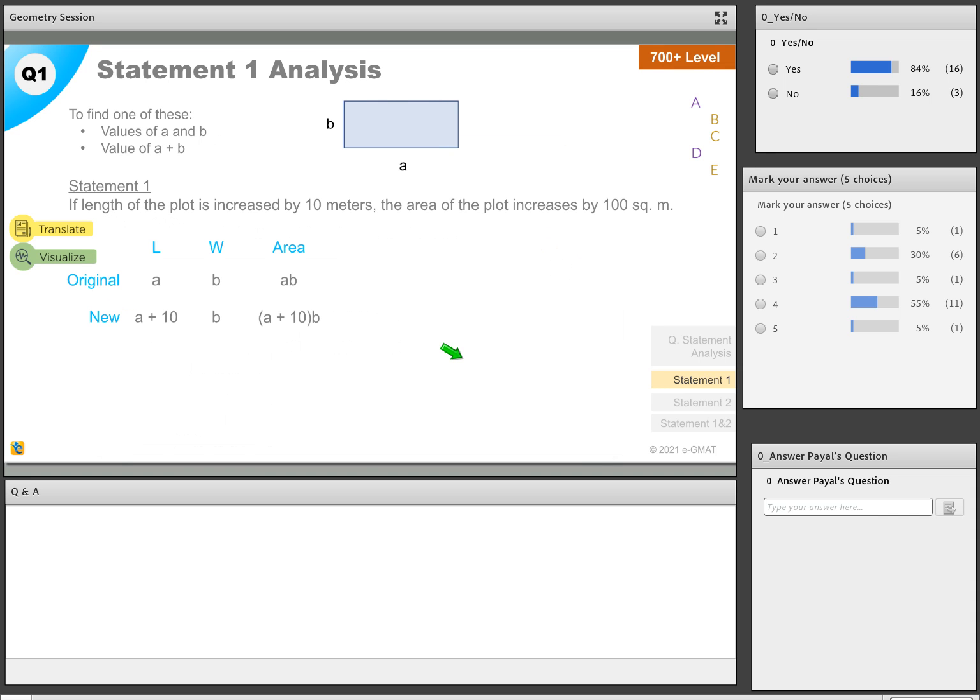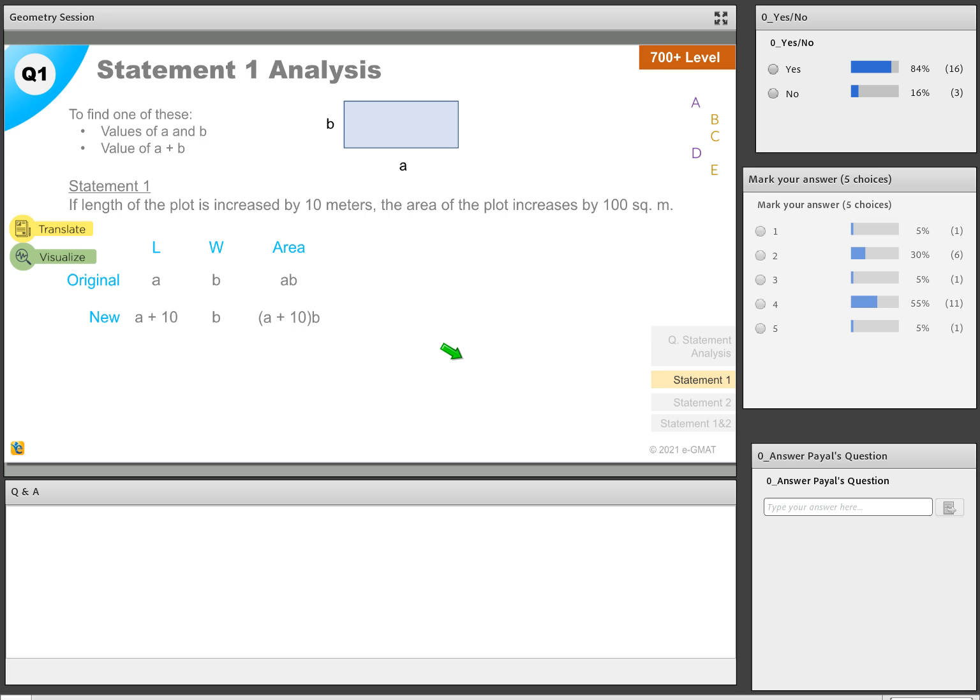Again, visualize the information in your table. Organize your table appropriately. If the length of the plot is increased by 10 meters, assume the initial length is A and the initial width is B, your new length will be A plus 10.